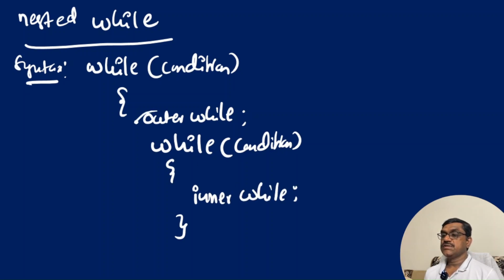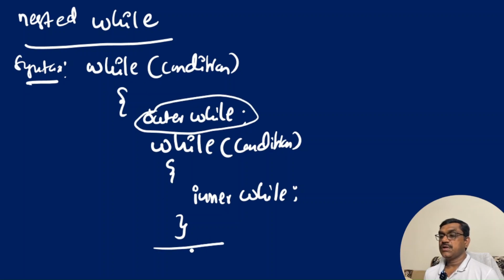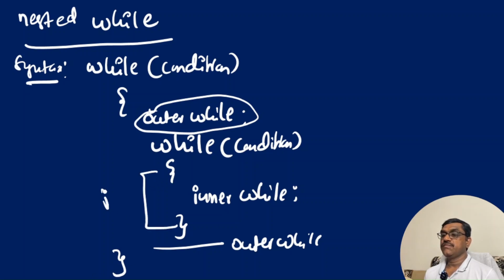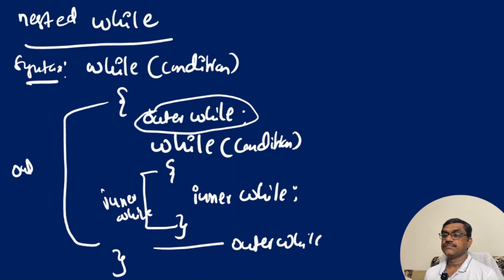This part belongs to outer while and this part also belongs to outer while. Now I am writing the closing brace here. This is the body of inner while, and this is the body of outer while. After completing the syntax, we will see the programs to implement these nested loops.